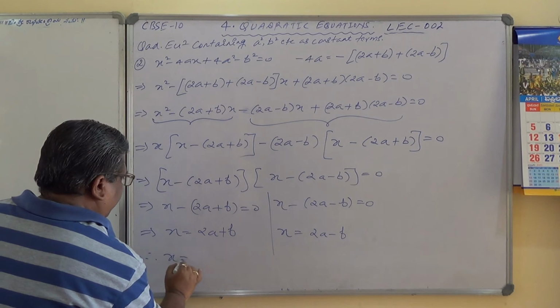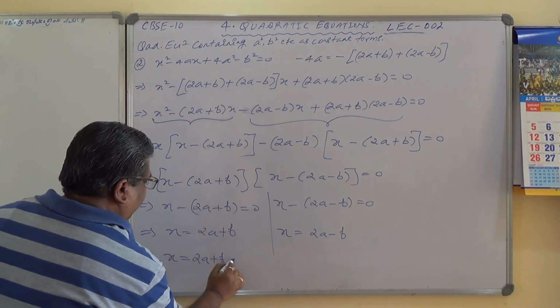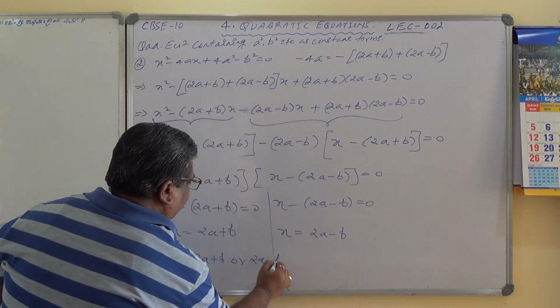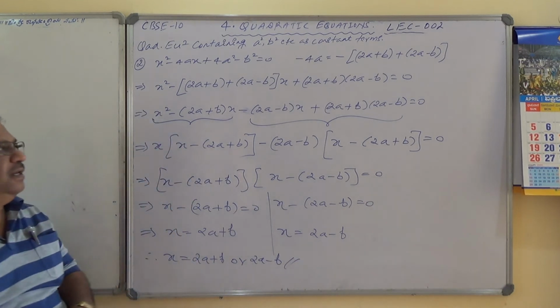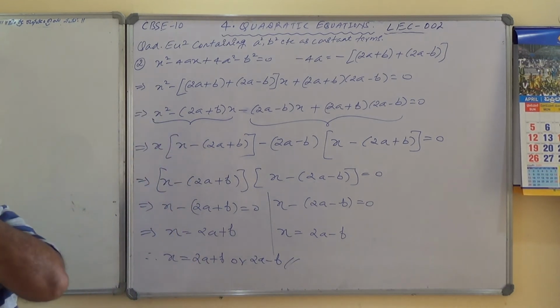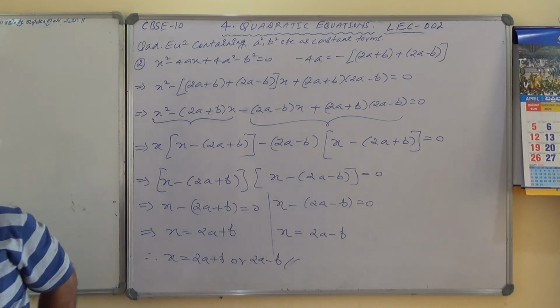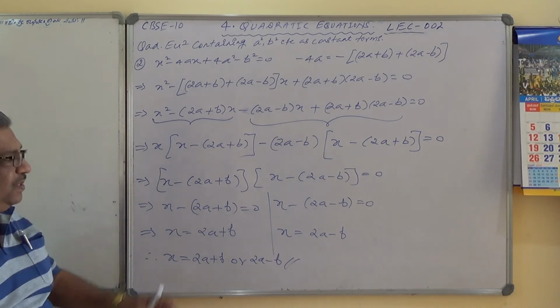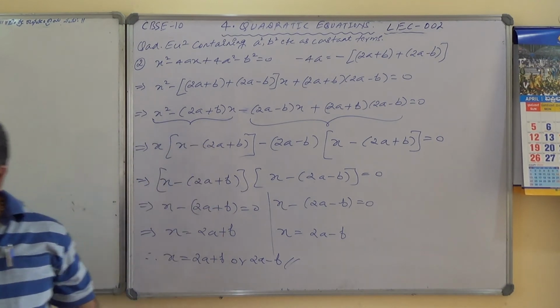Therefore, x equals 2a plus b or 2a minus b should be your answer. Let me check the answer. Yeah, 2a plus b or 2a minus b is the answer. Please note it down. I'll go to the next question.